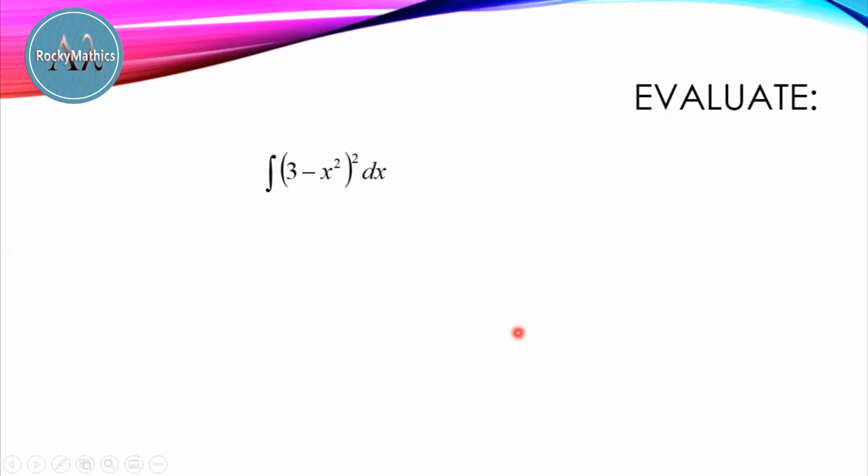Okay, now another example. If we are asked to find the integral of quantity 3 minus x squared raised to 2 dx, how can we find the integral of this expression? It is easy to get the integral if we are going to expand this expression.